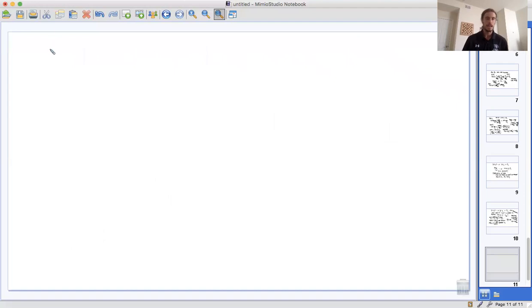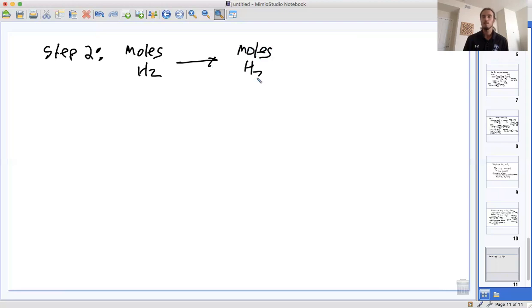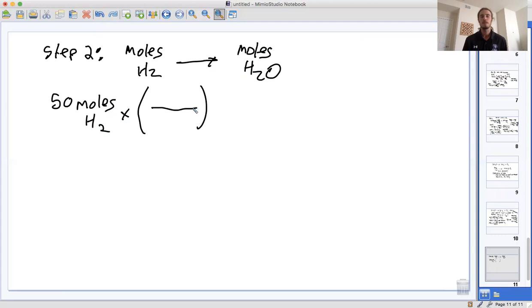All right, let's look at the next step. Step 2 is converting moles of H2 to moles of water. So we've got 50, not grams anymore, 50 moles of H2. We want to multiply by a conversion factor, and we want to end up with moles of water.